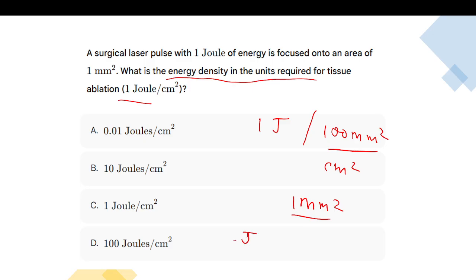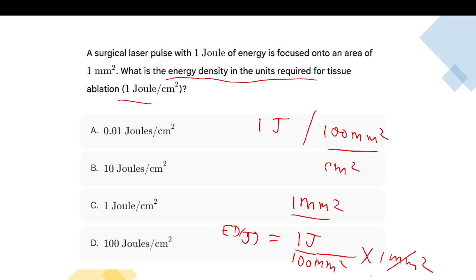We need to calculate the energy density, ED. For example, I am writing here: 1 joule is in 100 mm square, so we need to count in 1 mm square.